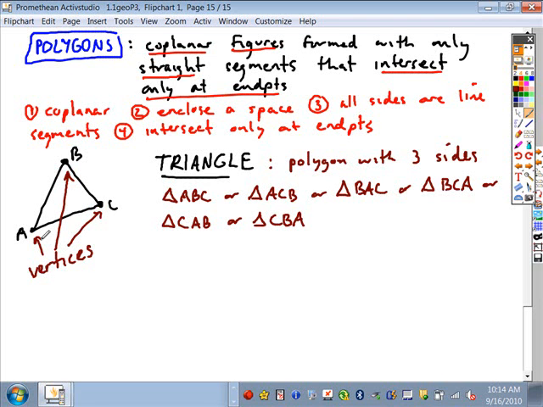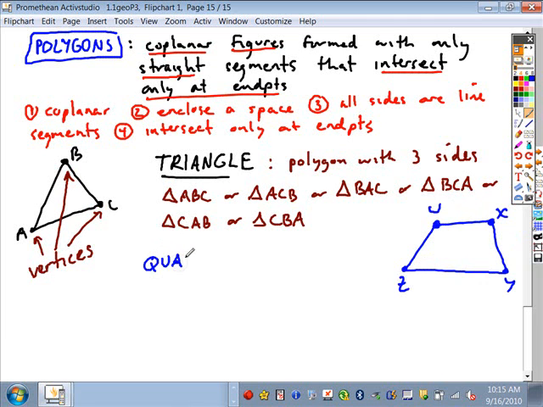Okay, and let's continue to expand polygons by sides. If you took a polygon with 4 sides, so again, if we took 4 points, W, X, Y, and Z, what kind of polygon would we have here? Just in general, a quadrilateral.